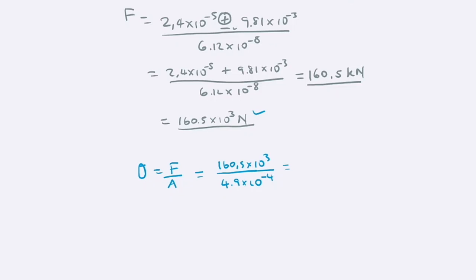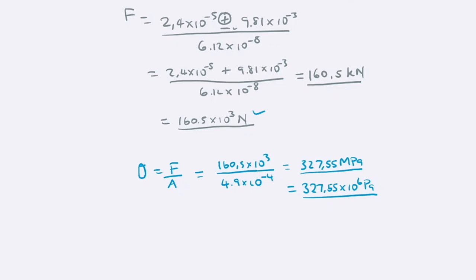When you solve this, it's going to give you 327.55 megapascals, which can be written as 327.55 times 10 to the exponent 6 pascals. Here we've got the stress that we're required to find from the problem statement on question 1.